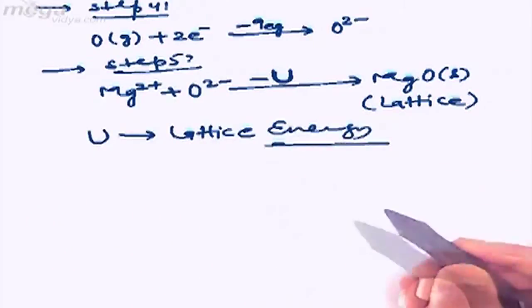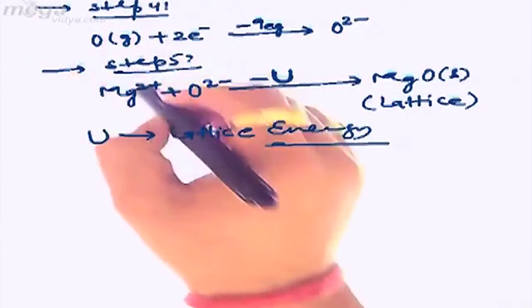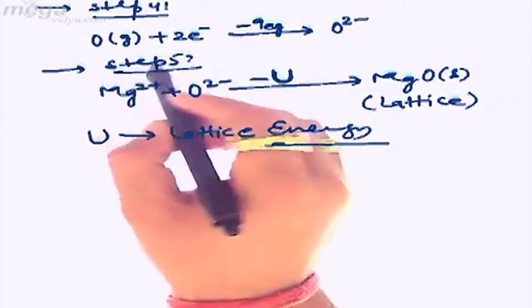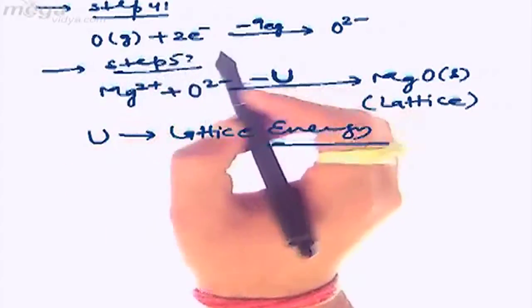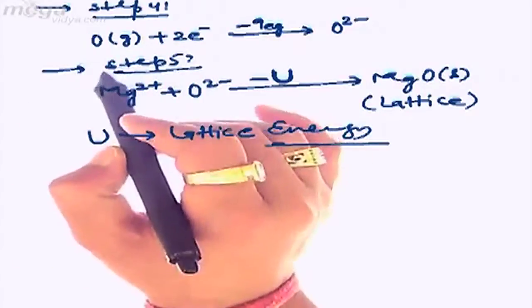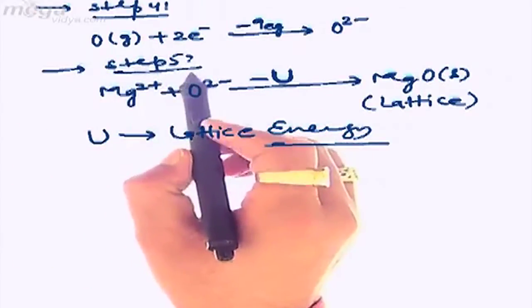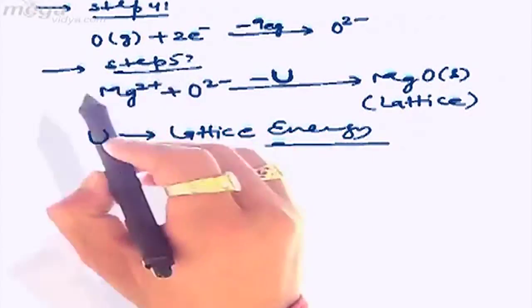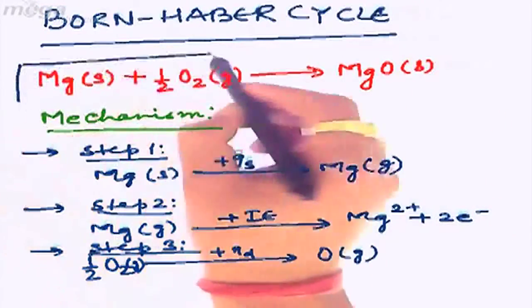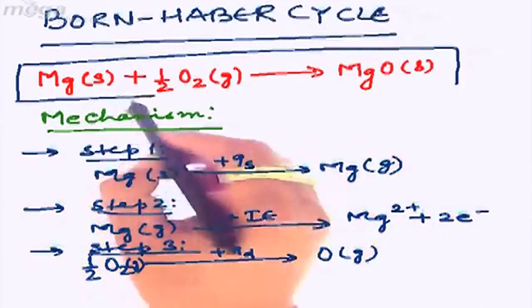So let's see what the Born-Haber cycle means. When magnesium and oxygen combine to form magnesium oxide through ionic bonding, we follow 5 steps. When we represent the overall reaction, it is written in only one step.